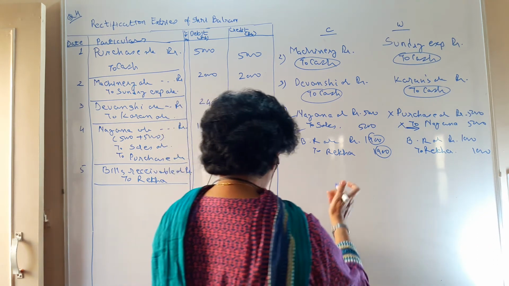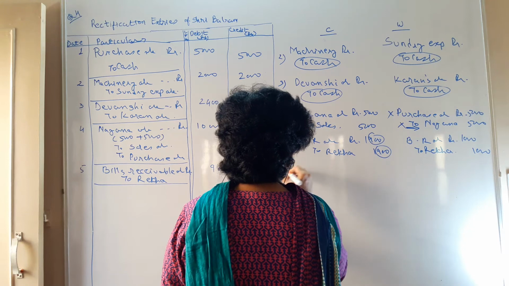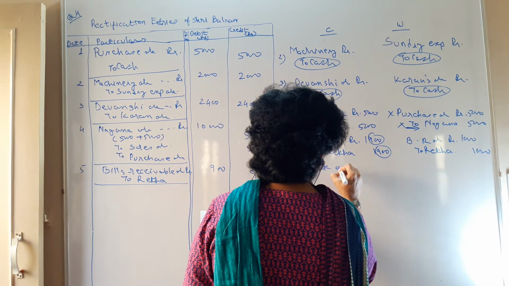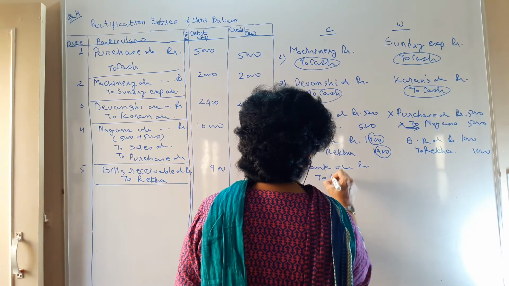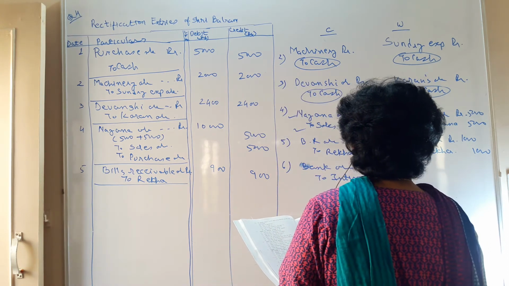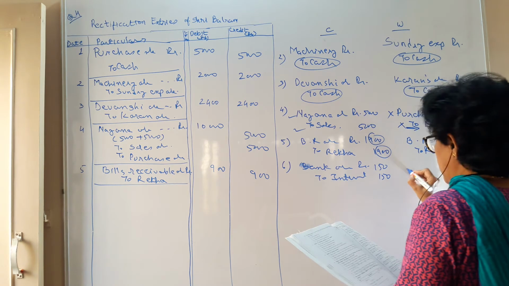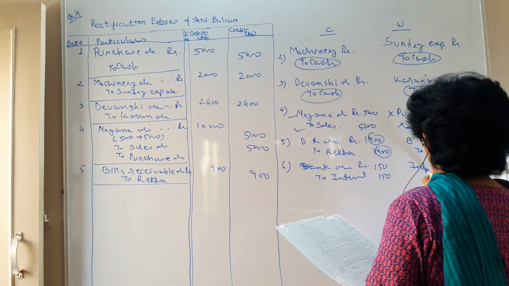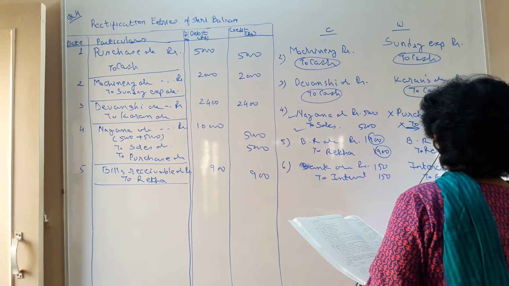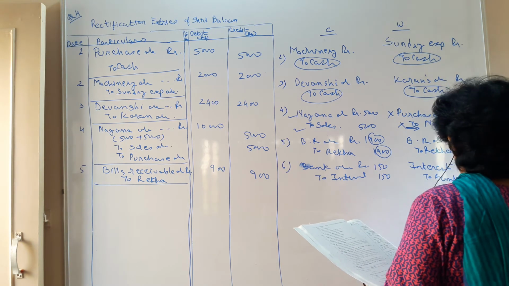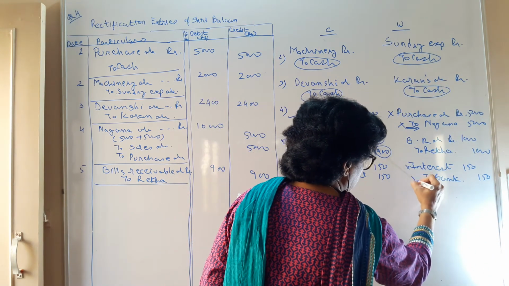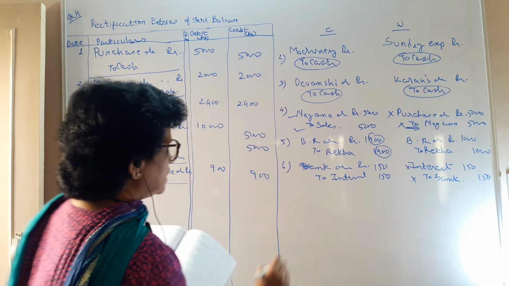So bank account debit to interest, rupees 150. This is the transaction to be done, and what you have done is interest to bank. So something wrong you have done. So now you have to reverse the entry and make the double figure. So nullification of this is to be done by reversing the amount.